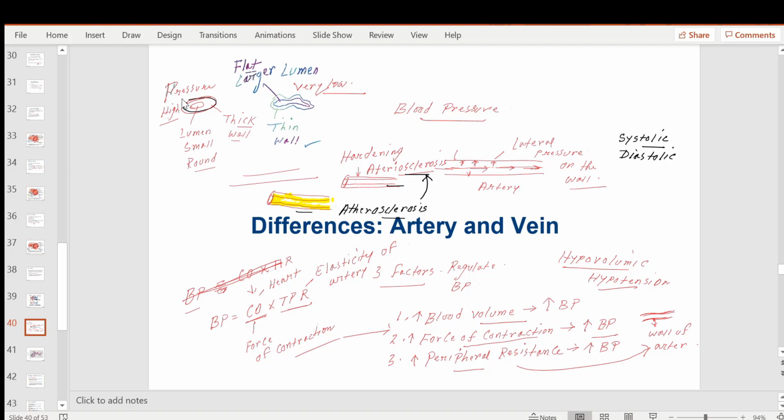Systolic pressure is the maximum pressure during the contraction of the heart or ventricle, and diastolic is the minimum pressure during the relaxation of the ventricle or heart. Okay, systole means contraction, diastole means relaxation.